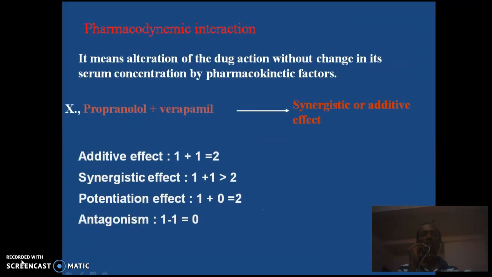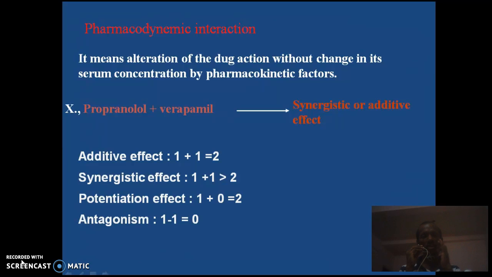The second type of drug interactions are pharmacodynamic interactions. It means alteration of the drug action without changing its serum concentration by pharmacokinetic parameters, which include additive effect, synergistic effect, potentiation effect, antagonism. Additive effect means the effect of one drug almost becomes double by the addition of another drug.